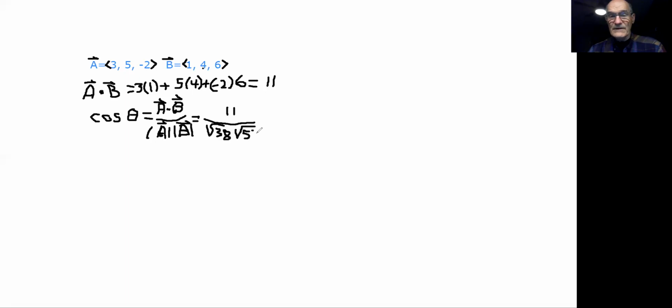Now, if I put this in my calculator, and you're not going to do this in your head, I've got 11 on top divided by the square root of 38 times the square root of 53, and I hit enter, and that gives me 0.245.